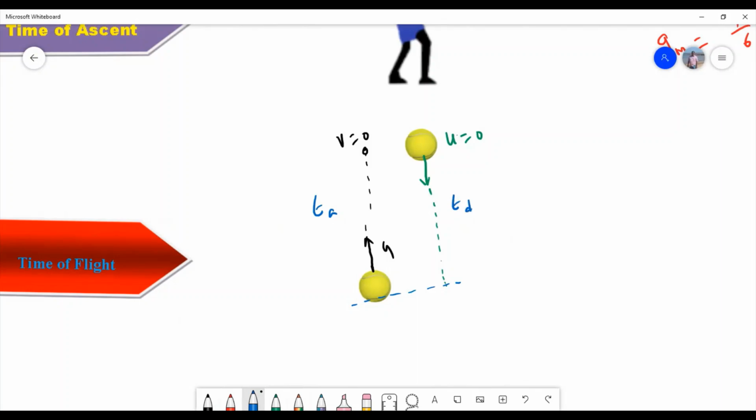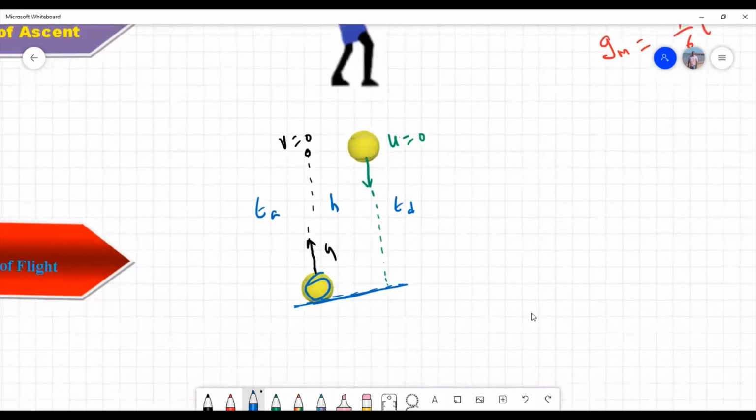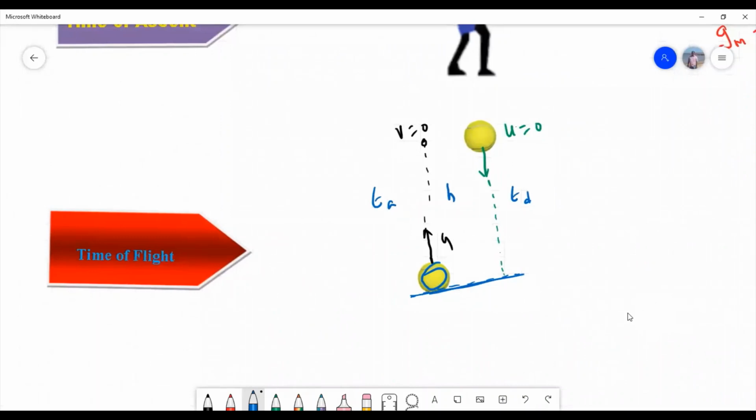In the previous lecture, I explained what time of descent is. Whenever a body is released from a certain height, the time taken to reach the ground is called time of descent. So time of flight means the total time for which this ball is in the air. While going up, it was TA, and while coming down, it was TD.